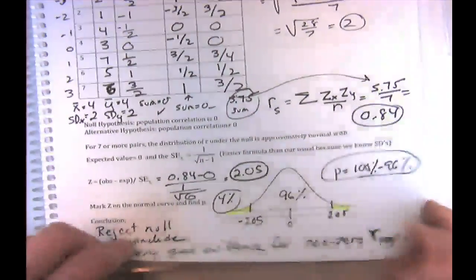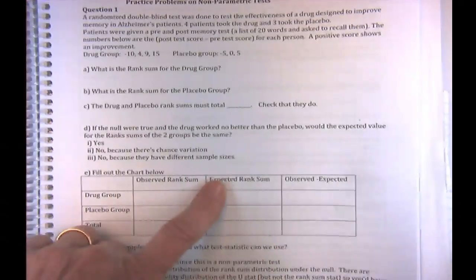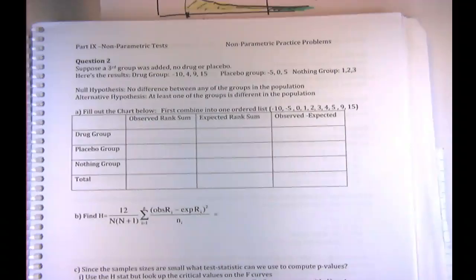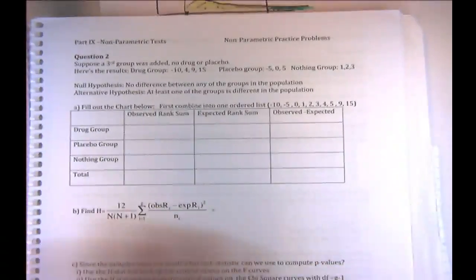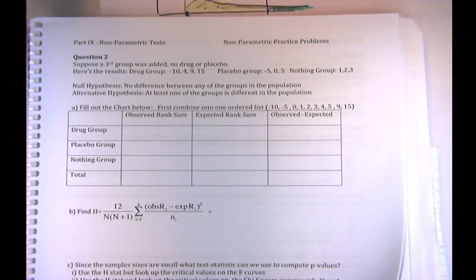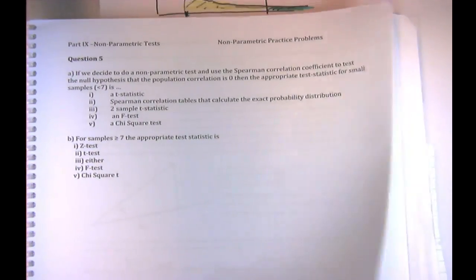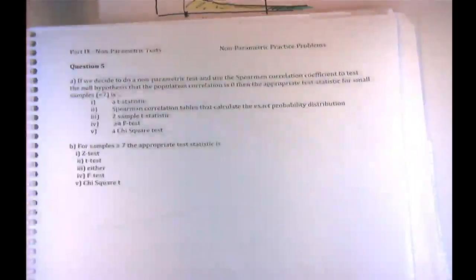Now, let me see what we have next. We have all these practice problems. I think these are pretty much very similar. People like to work things out on paper. Some people prefer that. I think these are really similar to the practice problems online.